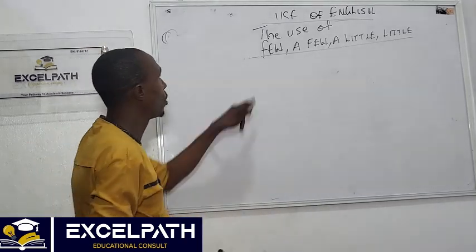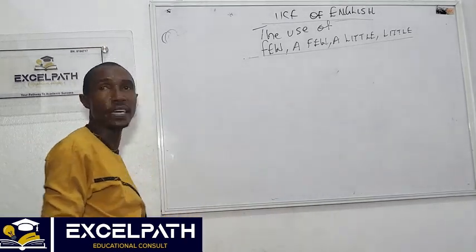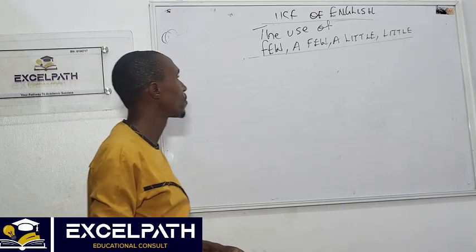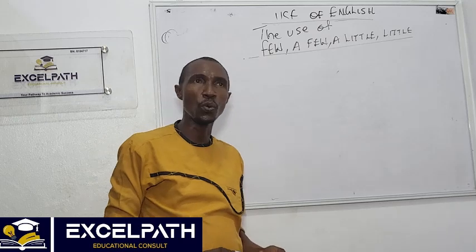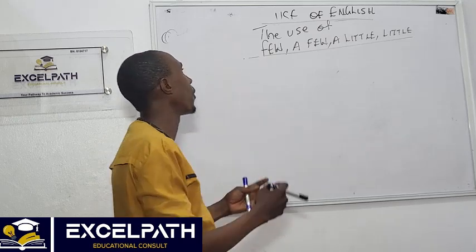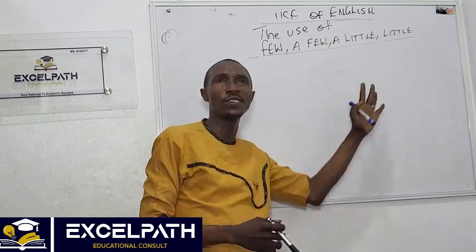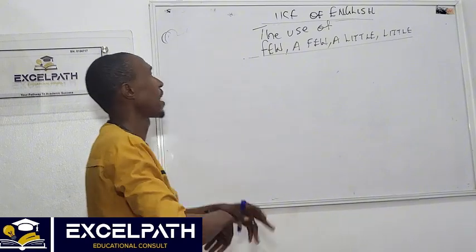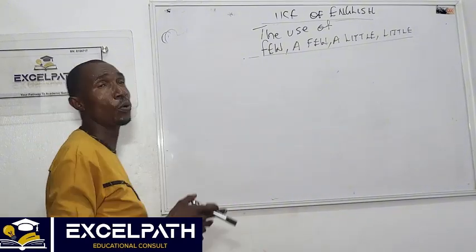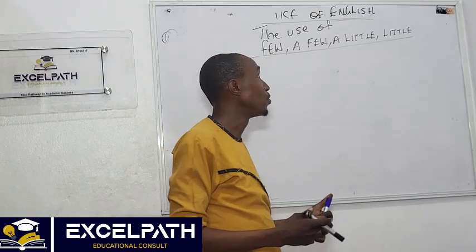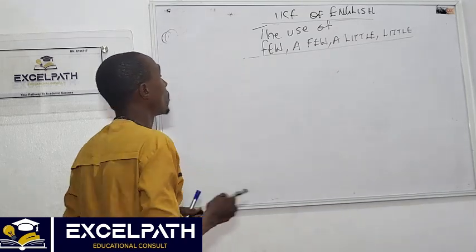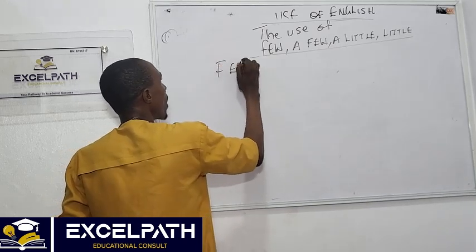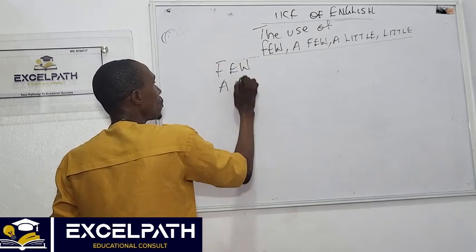Now, let's quickly look at this again, which is few, a few, little, and what? A little. Many students don't understand the usage of this form. They just assume that anyone goes. Anyone cannot go. You have to know the difference between all these things. Number one, whenever you see few and you see what?